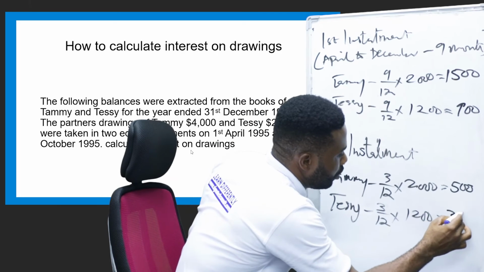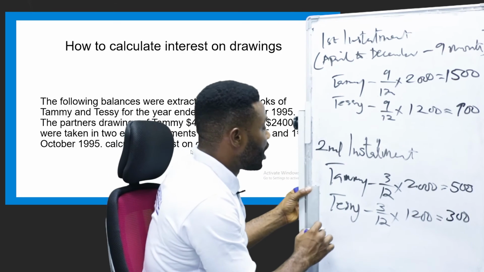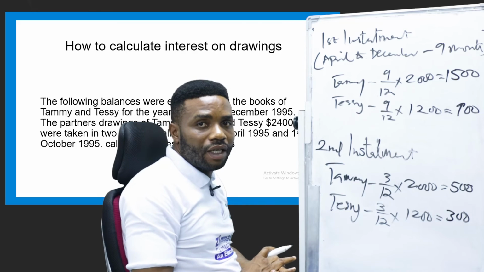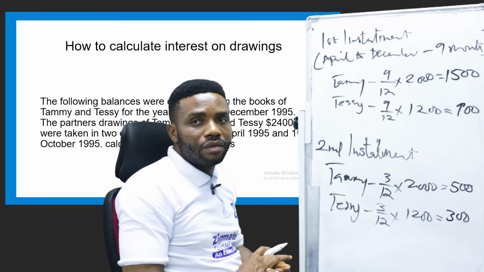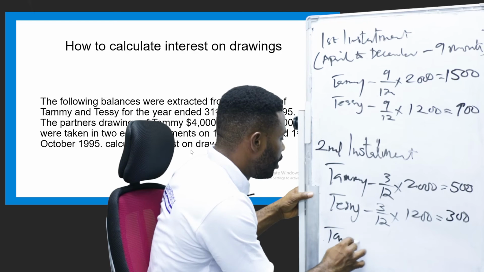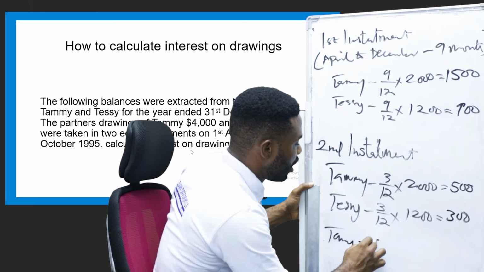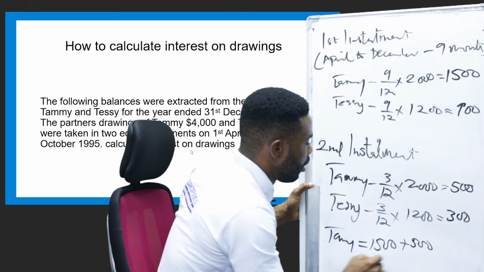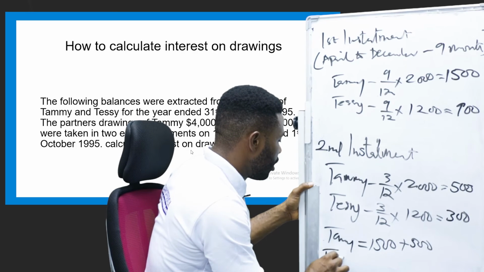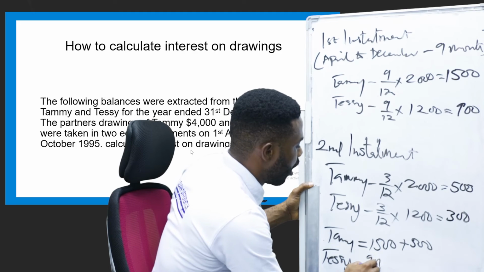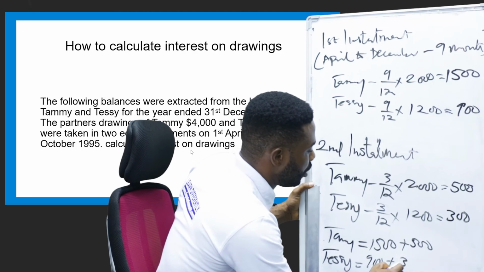So the total interest on drawings for Tammy is equal to 1,500 plus 500, and for Tessie is equal to 900 plus 300.